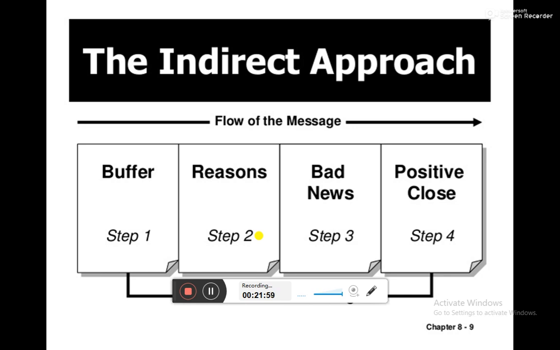If you look at the last step, that step is positive close. It also means closing on a respectful note. As in the direct approach, the close in the indirect approach offers an opportunity to emphasize your respect for your audience, even though you have just delivered unpleasant news.